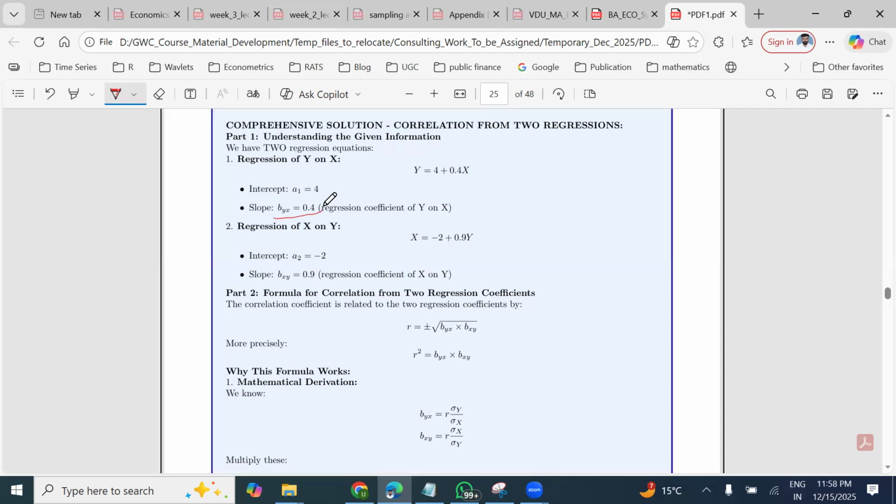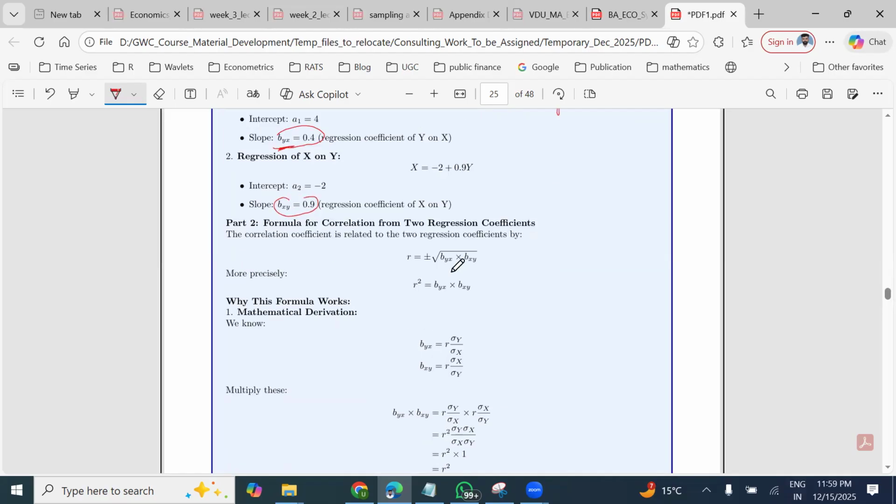So I told you byx. We usually say when you are running y on x, then the slope will be called byx. Please remember that. Yesterday only we had discussed. yx will be in the subscript. Similarly, when you are running regression x on y, then it will be 0.9. So that is bxy.